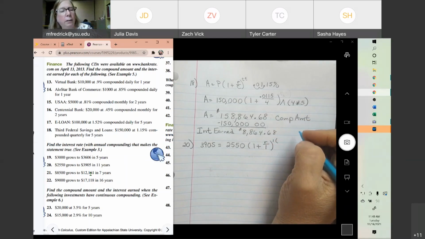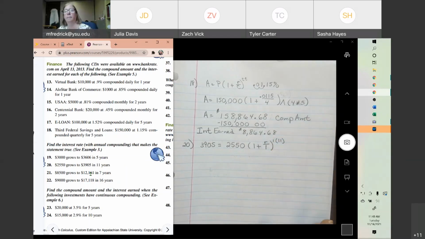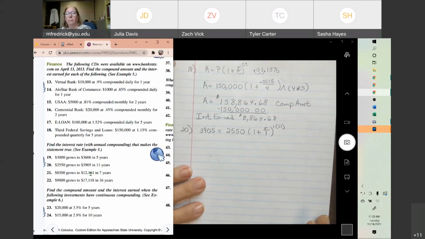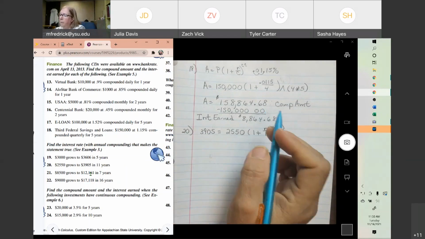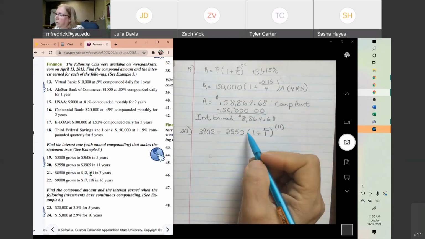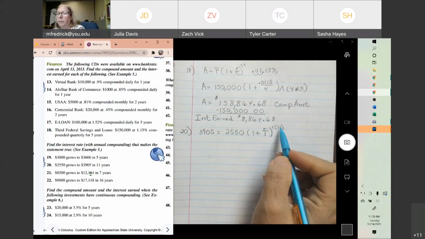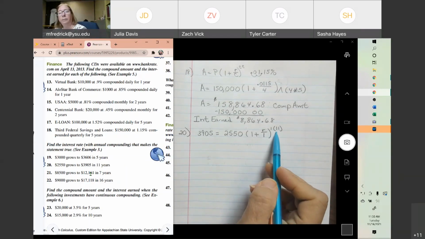And number 20 is 11 years. Now this is one where you would not be able to distribute because this exponent's here. The simple interest didn't have an exponent.